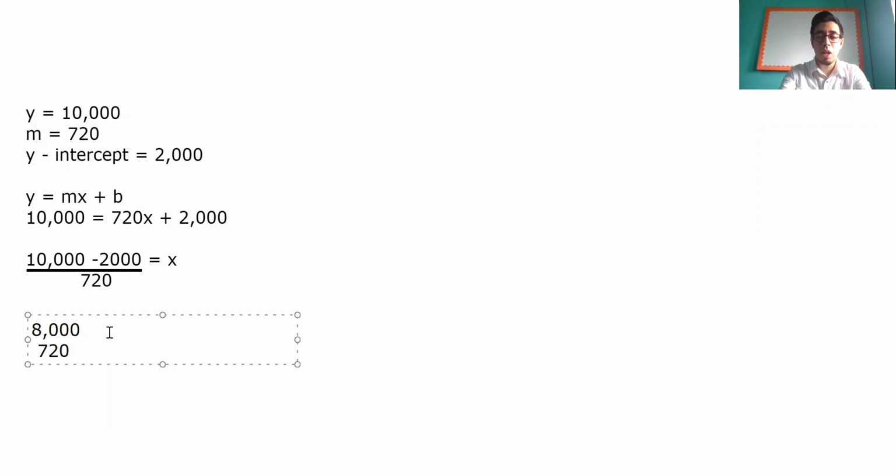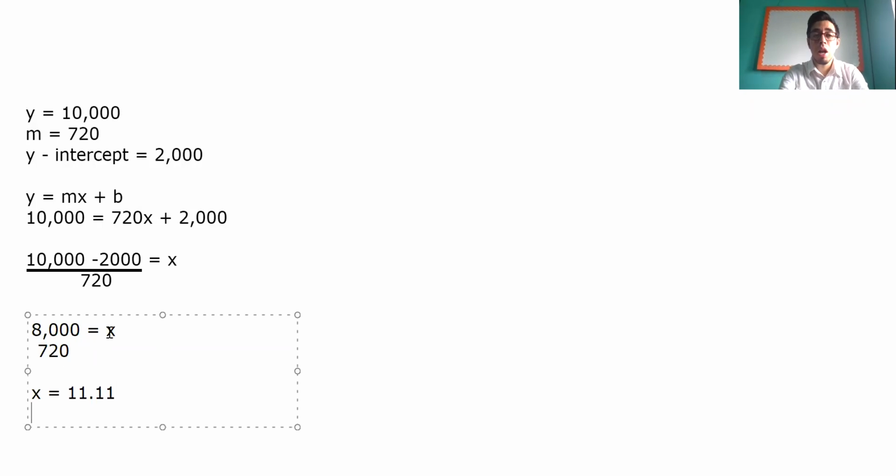And this is going to be equal to the value of x. So what is the value of x I have? x is going to be what? When you divide 8,000 by 720, it's 11.11, right? So about 11 hours.